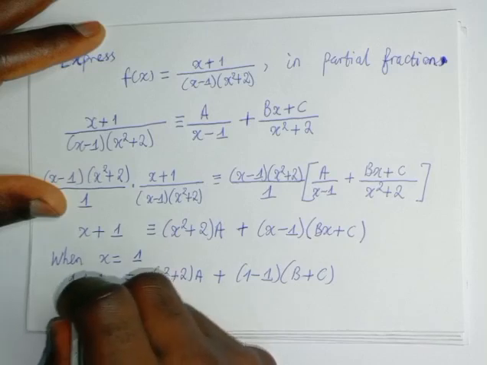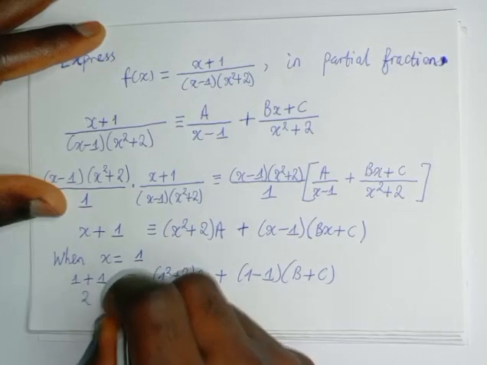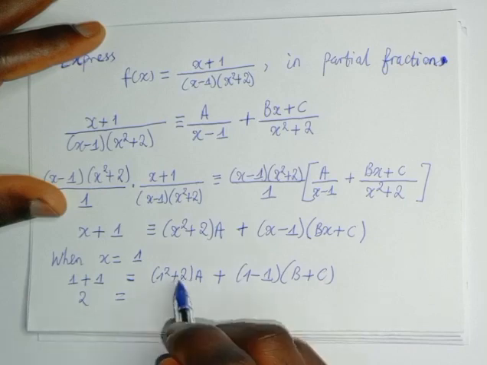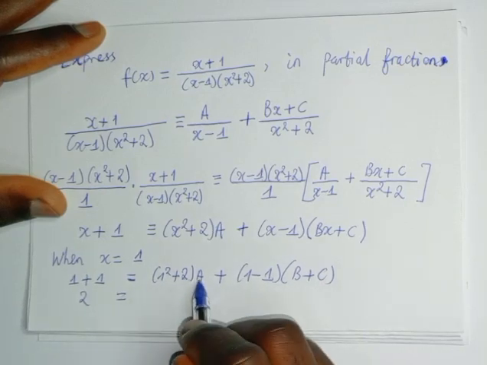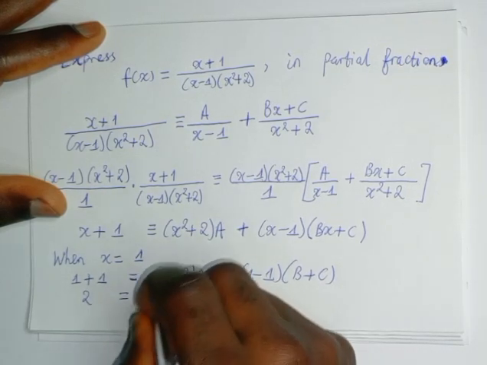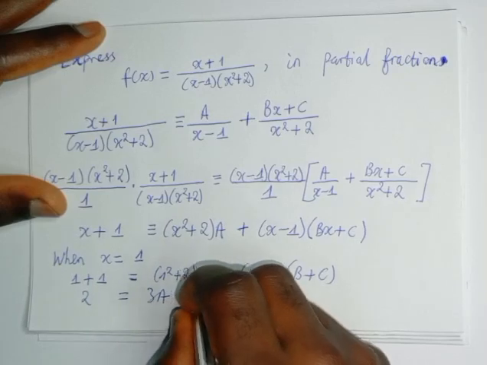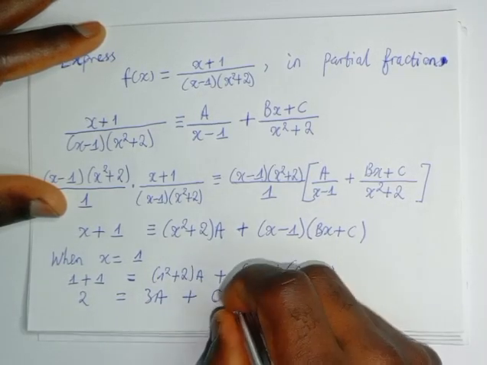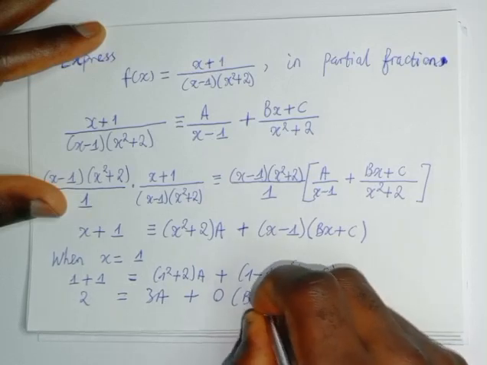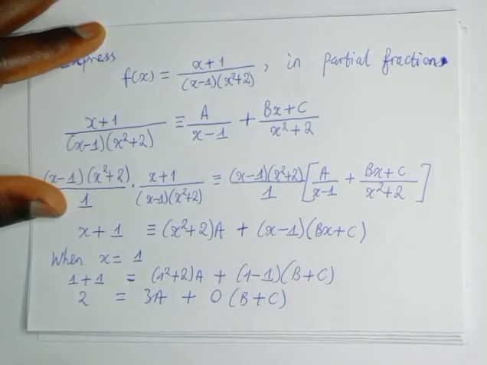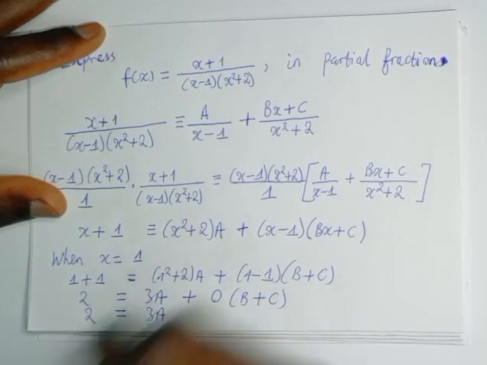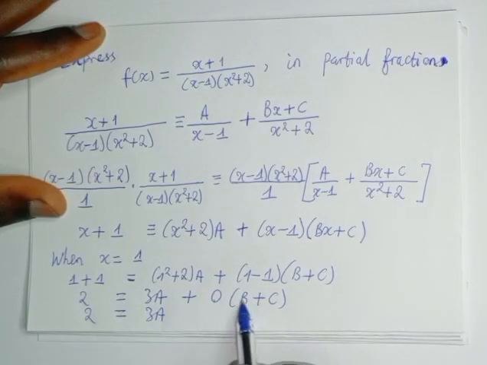And this will give us 1 plus 1, which is 2, is equal to 1 squared gives 1 plus 2, 3 times a gives 3a plus 1 minus 1 gives us 0, 0 times b plus c. This will give us 2 will equal to 3a. Because 0 times b plus c goes to 0.